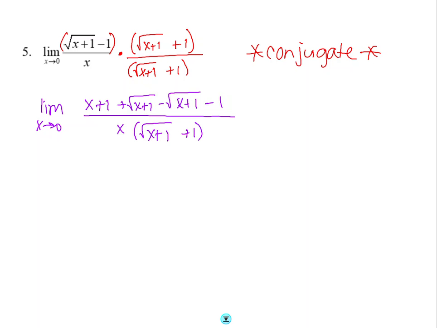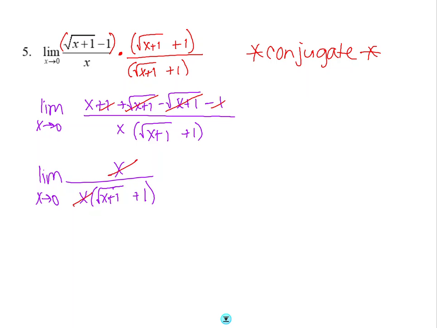If I combine my like terms in the numerator, my square roots cancel out, and so do my positive and negative 1. So I have the limit as x approaches 0 of x over x times square root of x plus 1 plus 1.